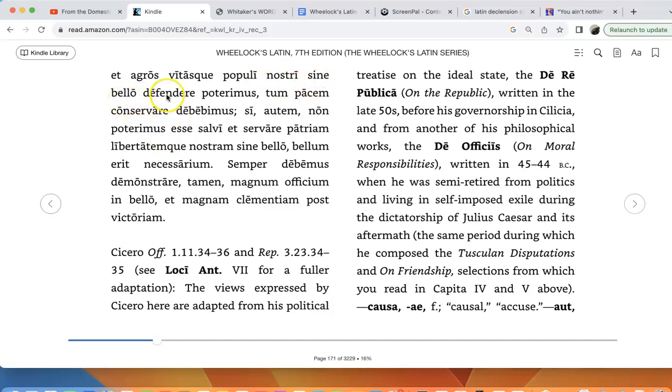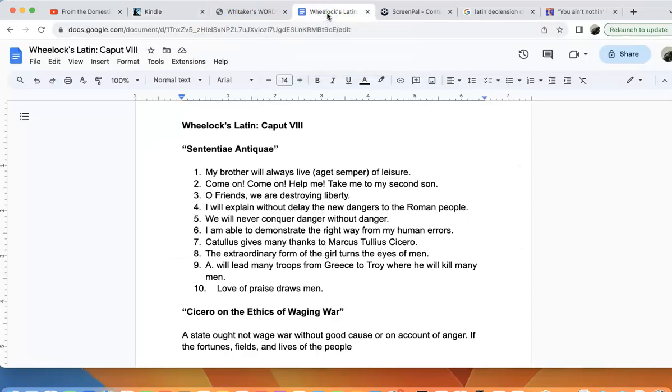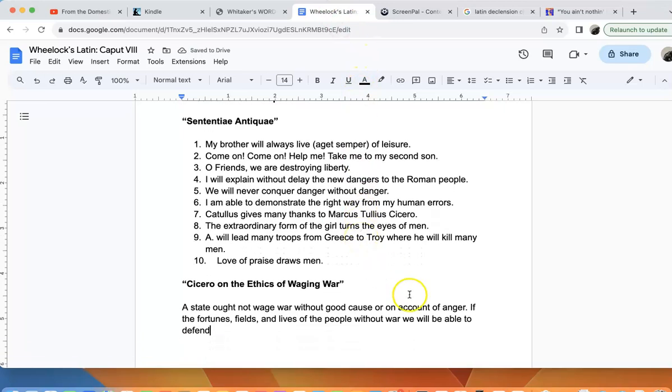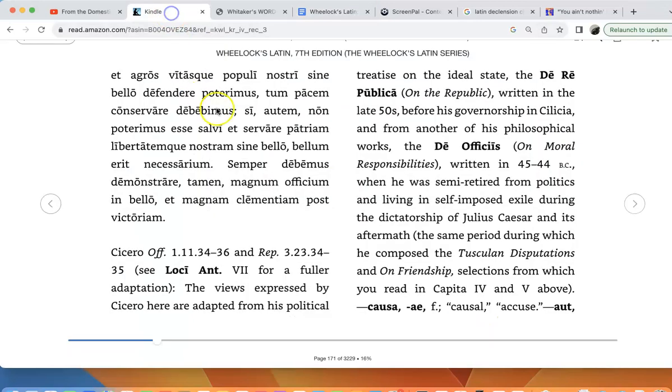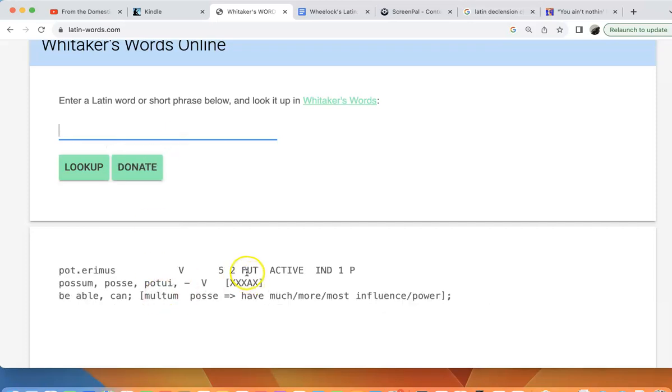Without war, we will be able to defend. We may have to change the word order here. So without war, we will be able to defend. In this case, notice that poterimus is future tense. Again, we can confirm that right here. Yeah, so it's future tense.